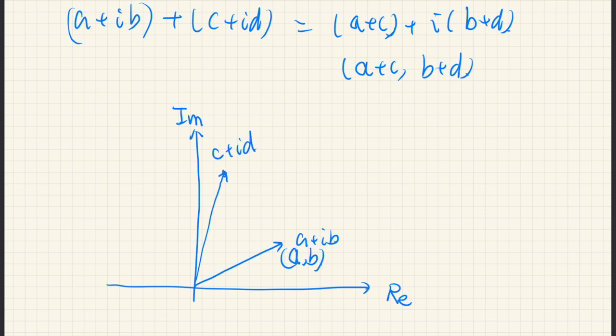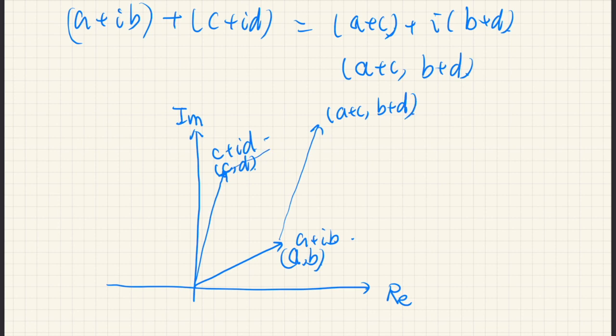This point on the complex plane corresponds to c, d, right? So if we add this point to this point, what we have is this. So this would be a plus c and b plus d.